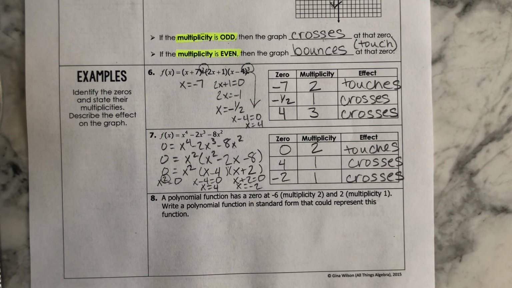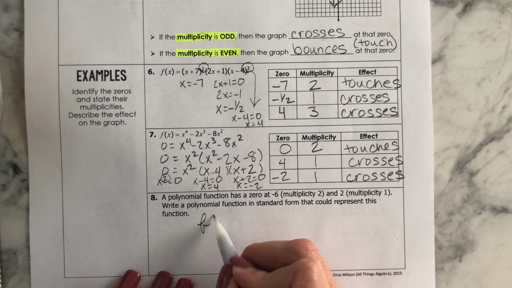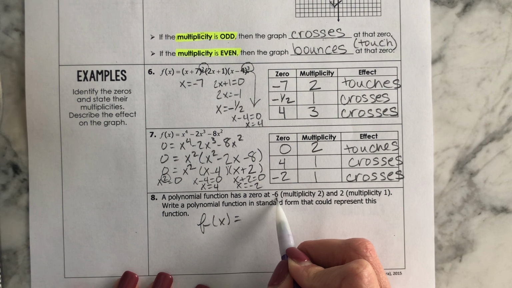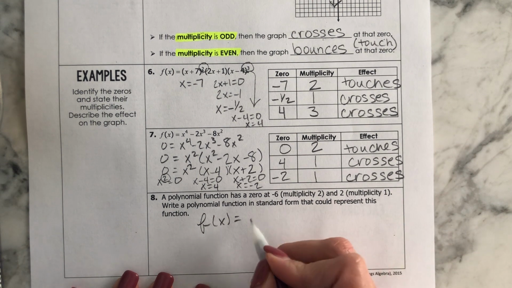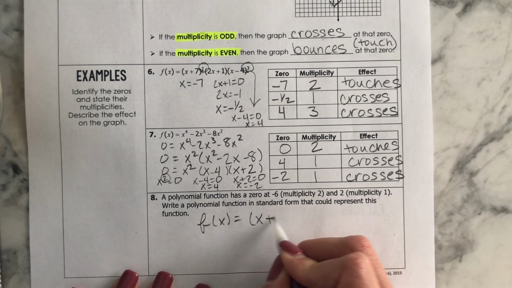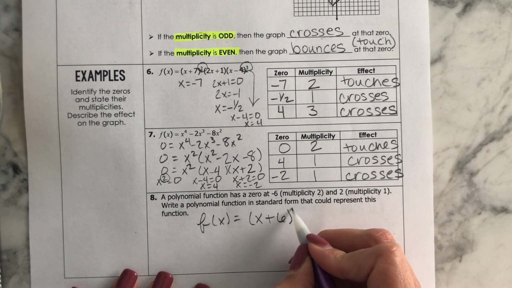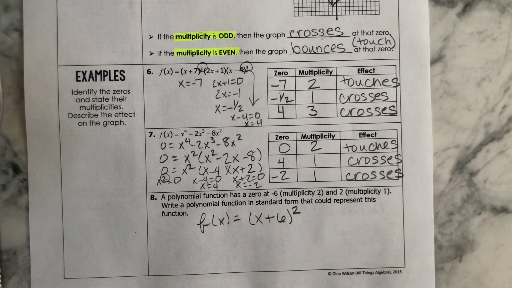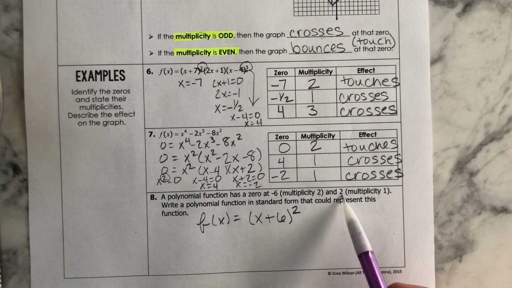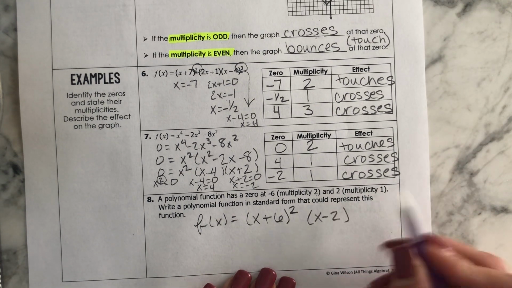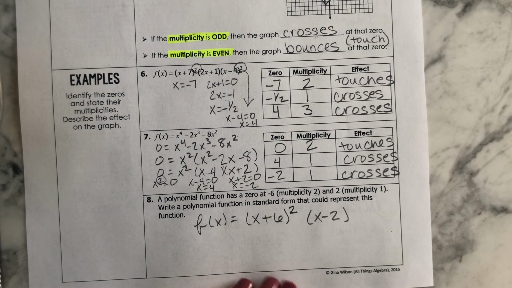So how you would start this, your function f of x, if it's a 0 at -6, that means the factor was x plus 6. And since it's a multiplicity of 2, that means x plus 6 is squared. And then at 2, that would be an x minus 2 just to the first power there.